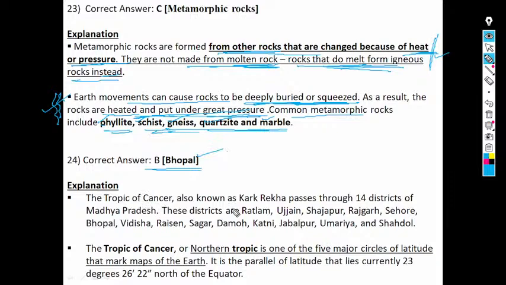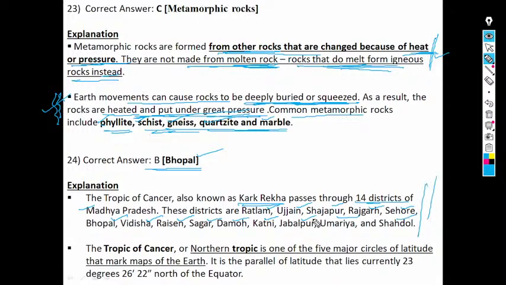Then Bhopal: the Tropic of Cancer, also known as Kark Rekha, passes through 14 districts of Madhya Pradesh. These districts are Ratlam, Ujjain, Shajapur, Rajgarh, Sehore, Bhopal, Vidisha, Raisen, Sagar, Damoh, Katni, Jabalpur, Umaria and Shahdol.